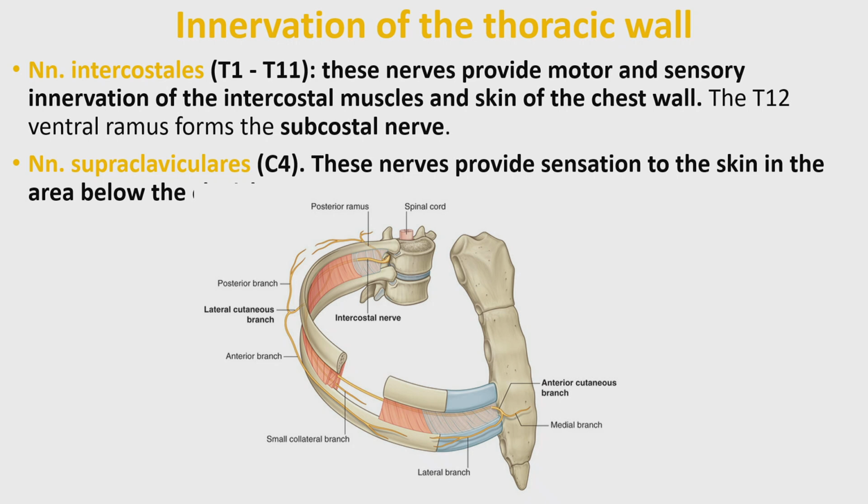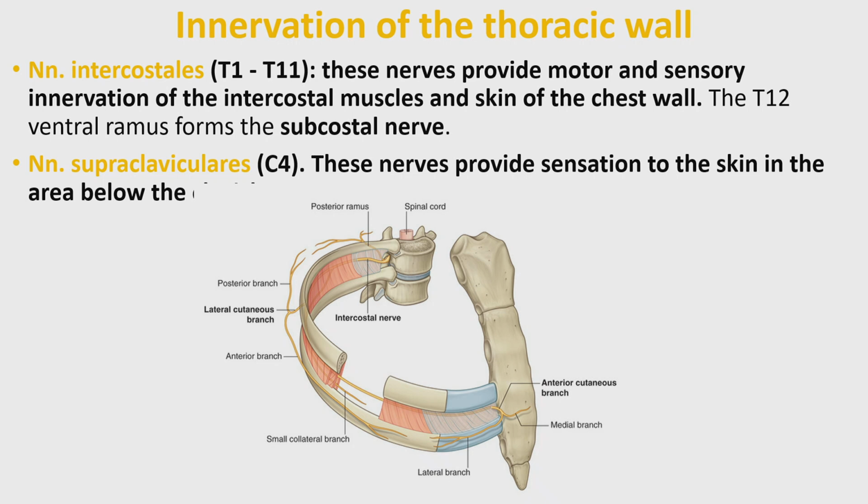But in the cervical region, lumbar region, and sacral region, as you are familiar more or less, the ventral branches of the spinal nerves from these segments go together and mix together, and they make the plexus: cervical plexus, brachial plexus, lumbar plexus, and sacral plexus. That is extremely important.